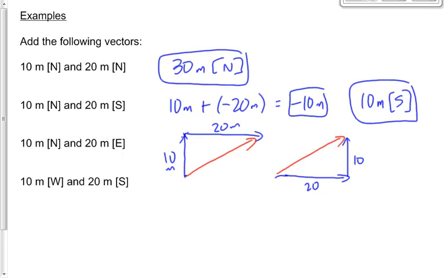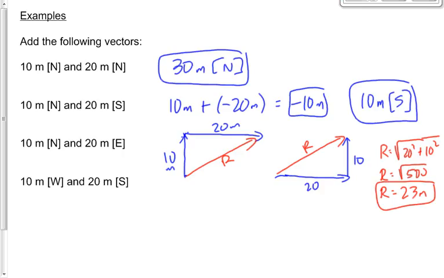In both cases, that resultant vector is going to be the square root of 20 squared plus 10 squared. The square root of 500 gives us 22 meters.